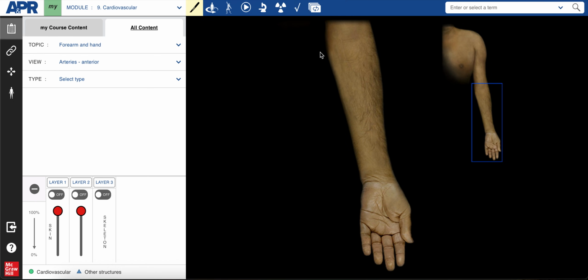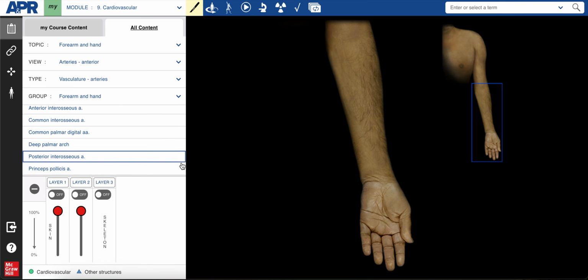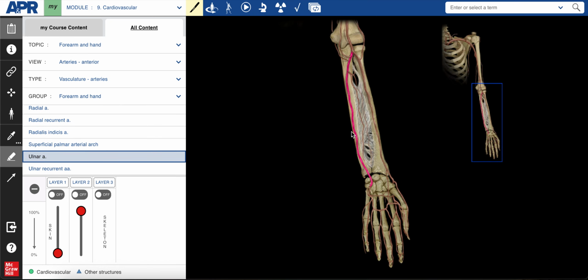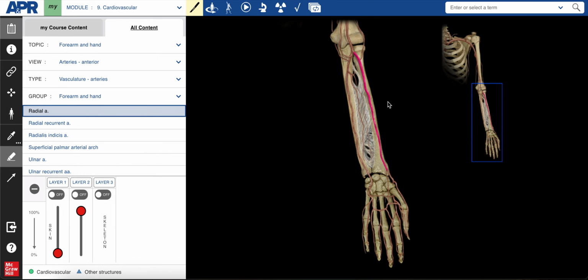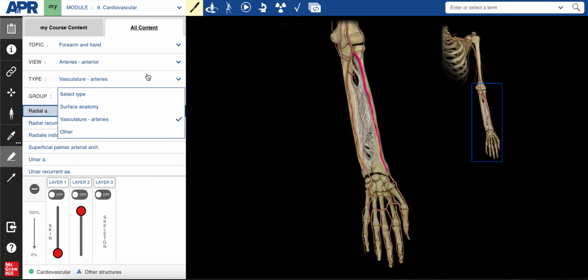If it's going along the medial pinky side, that's the ulnar side. So when we have arteries going along this pinky side, this medial side of the arm, the digiti minimi, to name it anatomically, that is going to be your ulnar. If it's going along the lateral side, the thumb side, that is going to be the radial artery or vein.